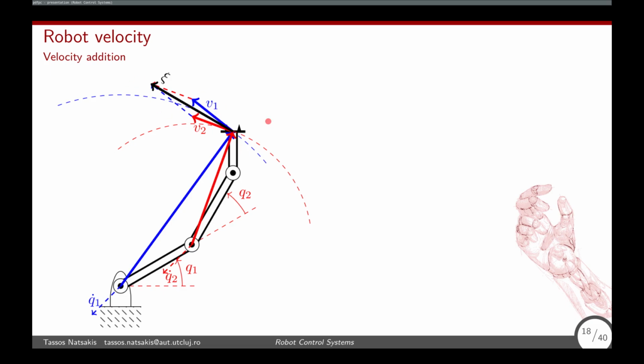Vector. Okay, so what does this mean in terms of our equations? My velocity of the end effector v will be equal to v1 plus v2 plus v3, vector addition, until n, where n is the number of joints, right?